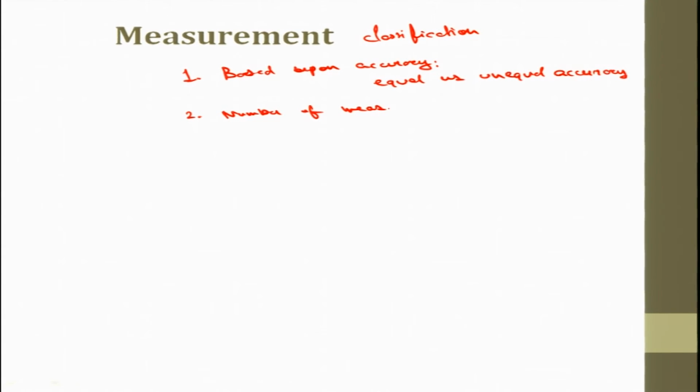So in terms of number of measurements, the measurements can also be classified as single versus multiple. Single measurement is a measurement that is performed only once. Multiple measurement is a measurement of the same quantity in which the result is obtained from several single measurements in succession. So these are called replicates.